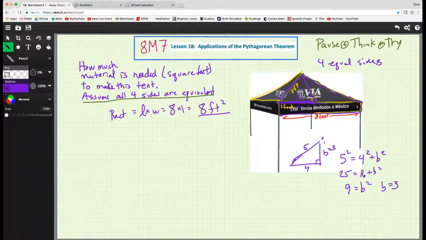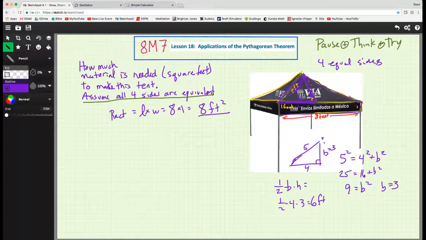So this piece here is one triangle with a height of 3 and a base of 4. So the area of this is a half of base times height, which is equal to a half of 4 times 3, which is equal to 6.